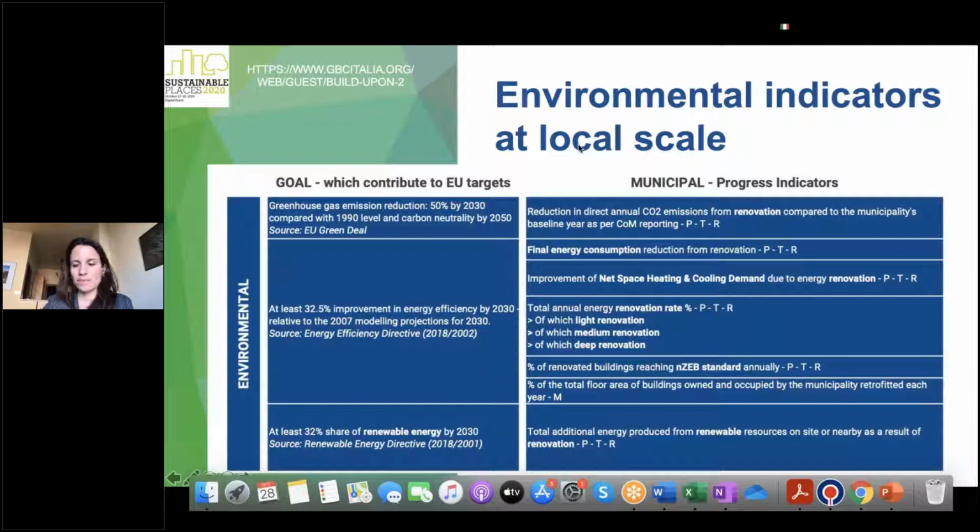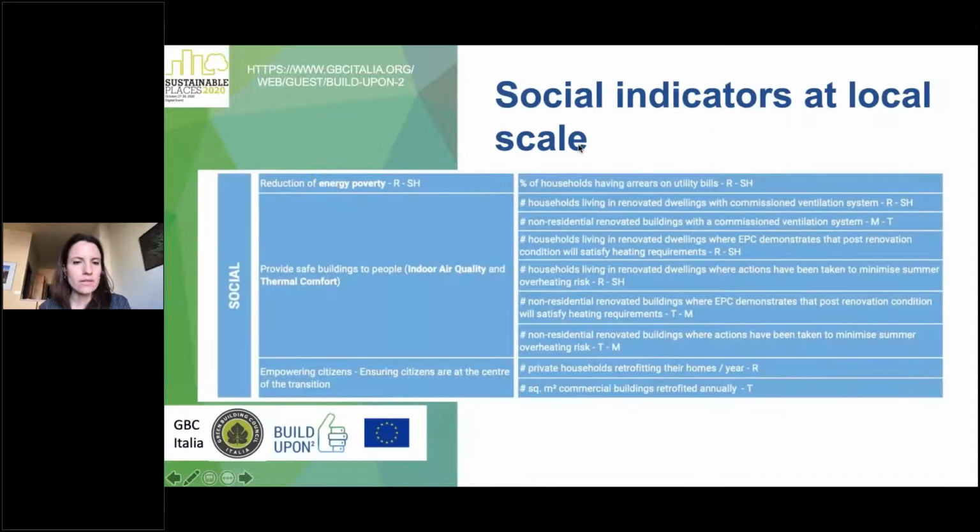In the social category, we have all the indicators that are related to the wellness and comfort of people inside buildings. For instance, and also the topic of energy poverty, as we decided to include it as a social issue instead of only an energy related one.